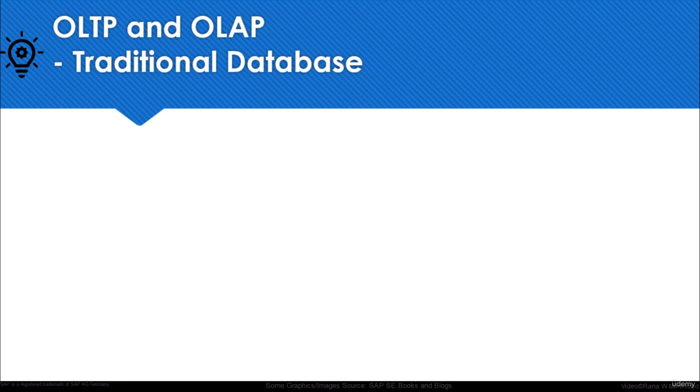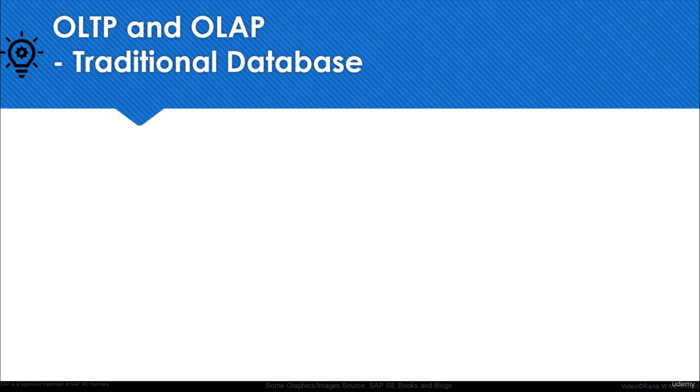SAP HANA database supports both OLTP and OLAP processing, and we do not need to move the transactional data to a separate system, which is actually time consuming for the users. The same table in SAP HANA runs both transactional and analytical applications, and so the data is available in real time at every level of detail.